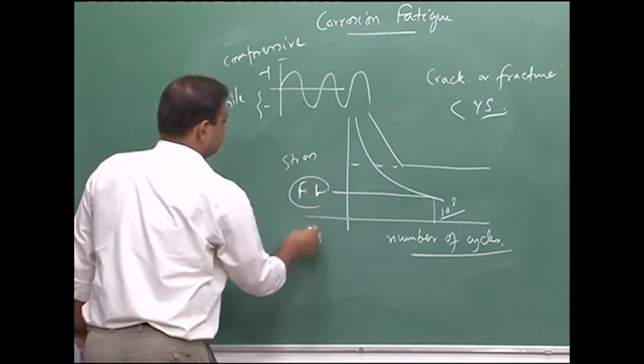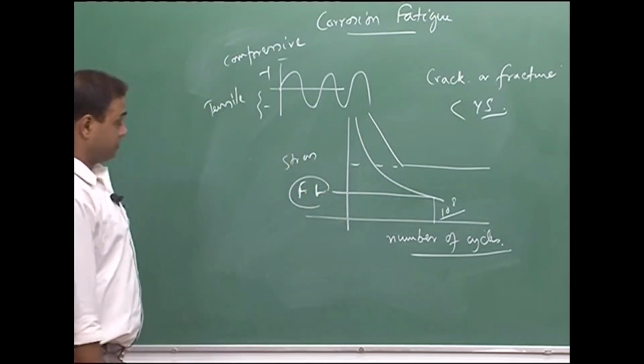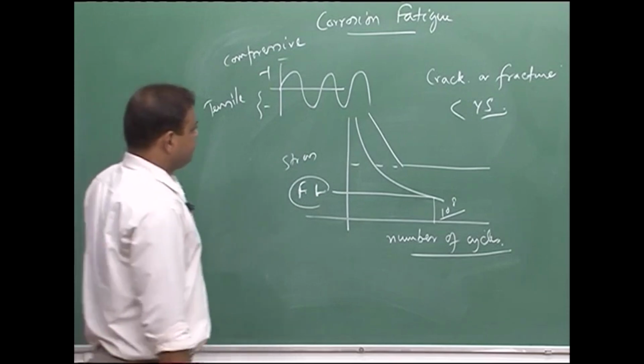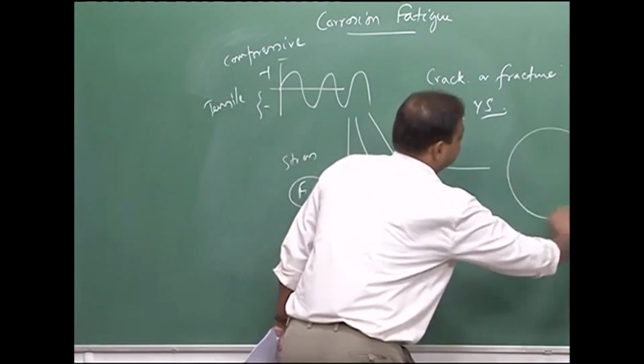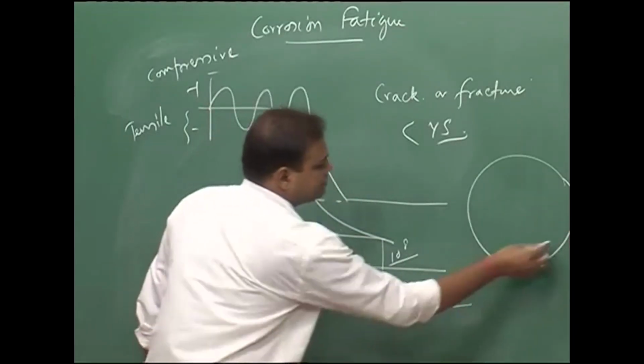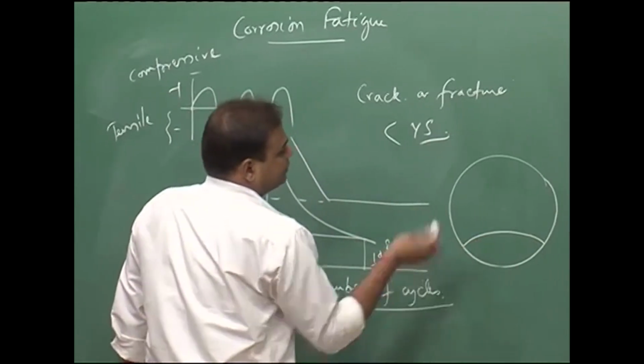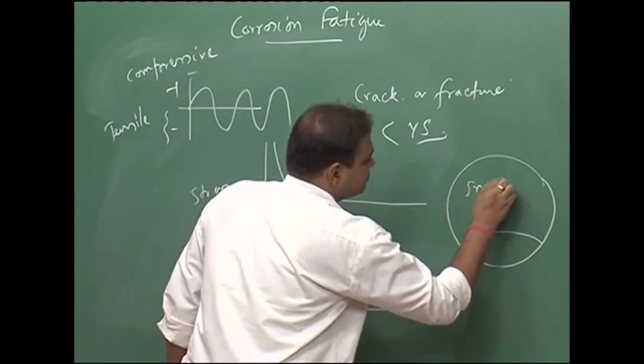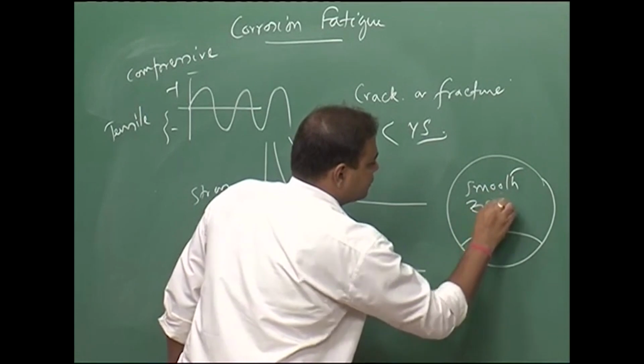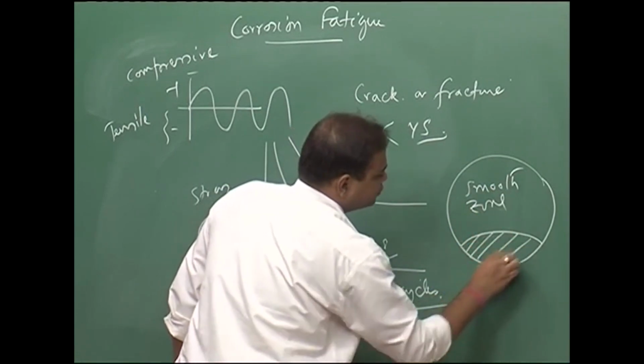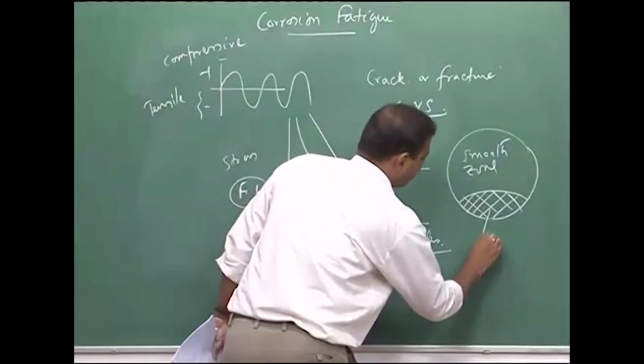So, that way we can decide what the fatigue strength of that particular material is. If you would like to see the fatigue surface appearance, you have a very smooth zone and then a very rough zone. This is rough.